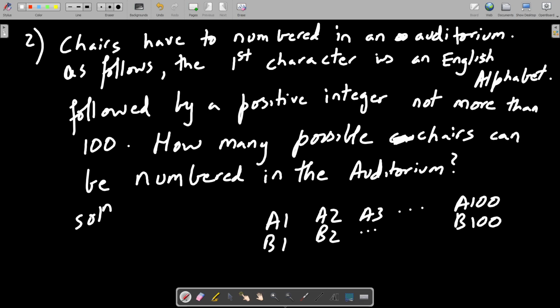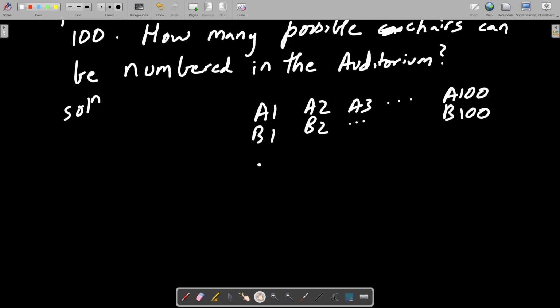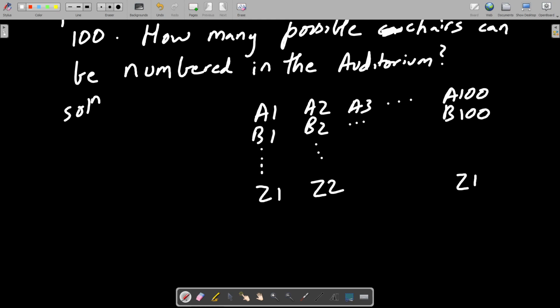And this will go on up till Z. So in each row there are 100 possibilities, right? So 100 gets multiplied by the number of alphabets over here. So 26 into 100. Clear?